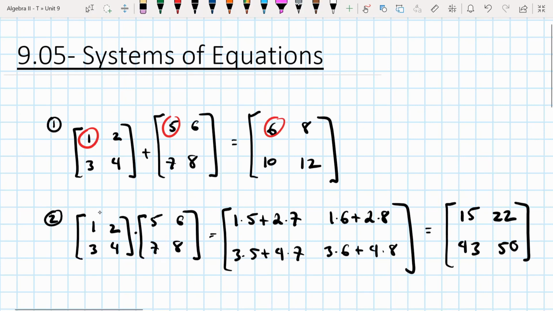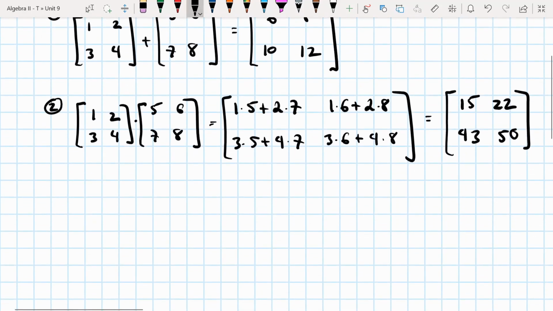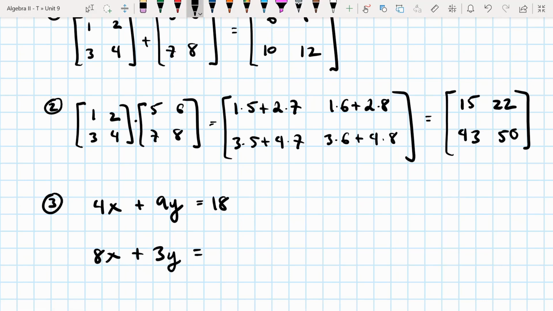Okay, we use matrices to solve systems of equations. And so if I have a system of equations, let's say it's a 2 by 2, 4x plus 9y equals 18, and let's say we have 8x plus 3y equals 6.